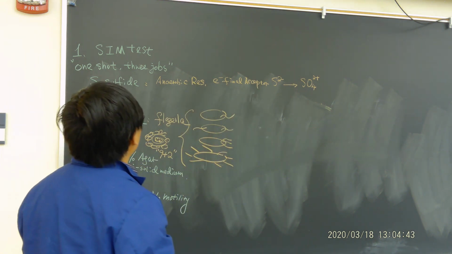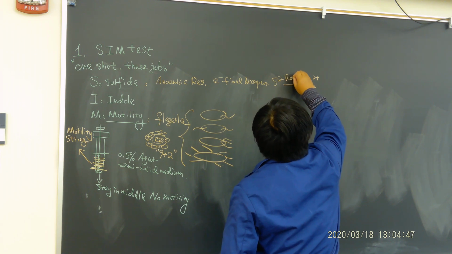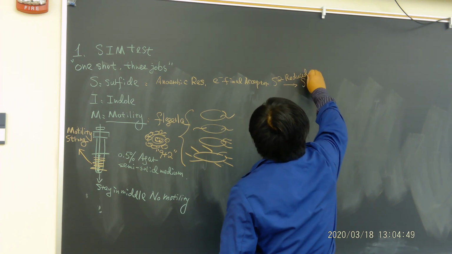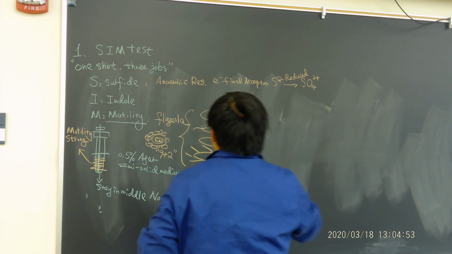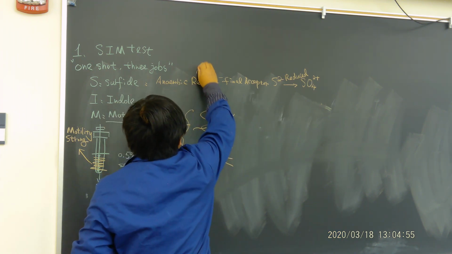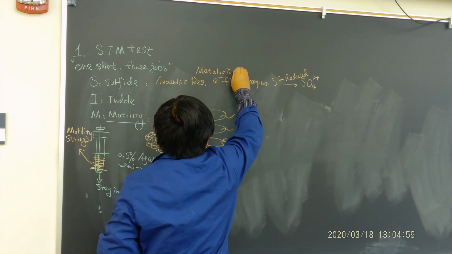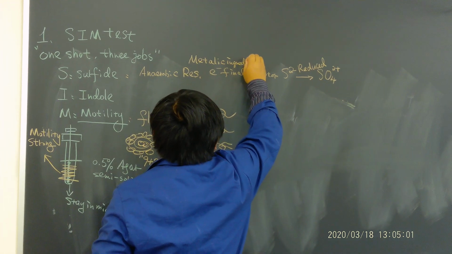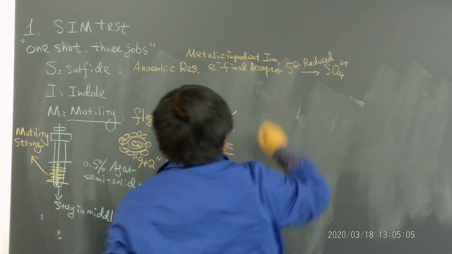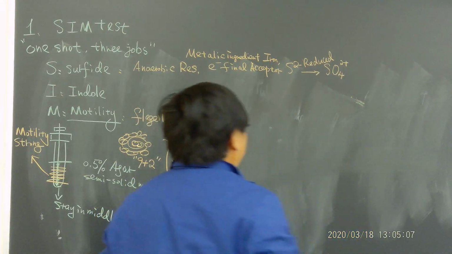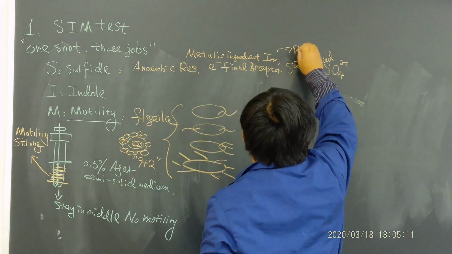Now, how do we know the sulfate has been reduced? It becomes sulfide gas. Inside of this agar, there are metallic ingredients, for example, iron. Once the bacteria have reduced it to sulfide, the iron will turn black.